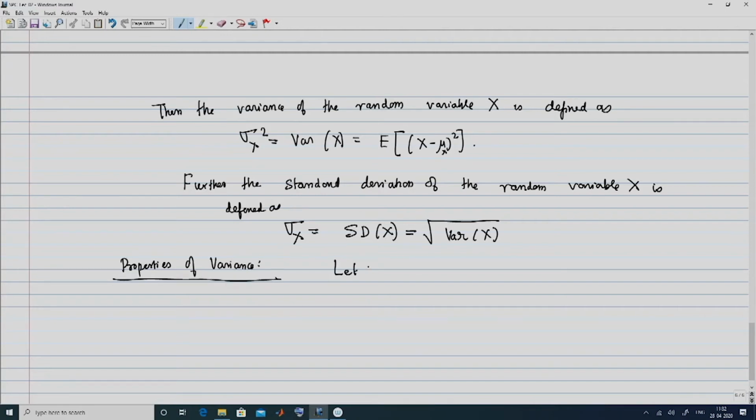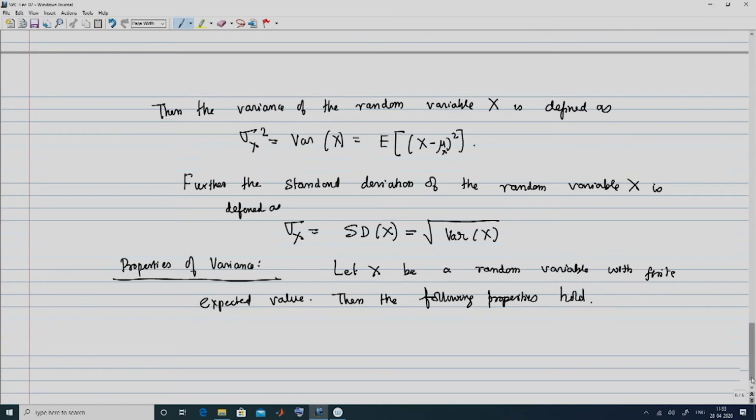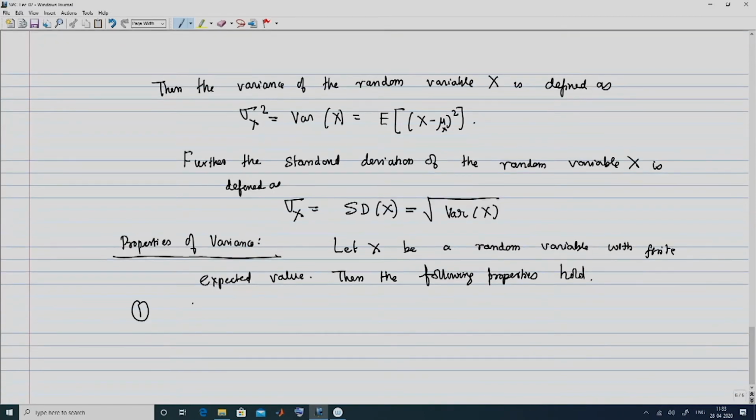Formally, let x be a random variable with finite expected value, then the following properties hold. Let me enumerate the properties one by one.